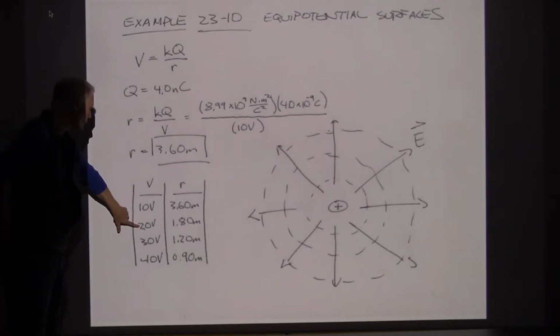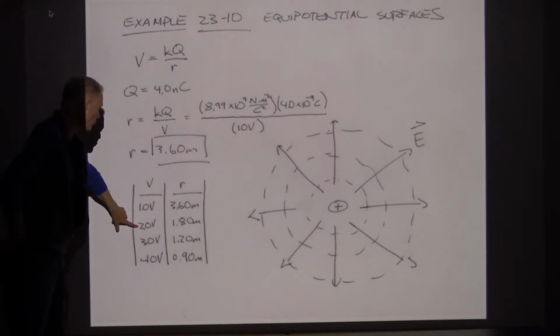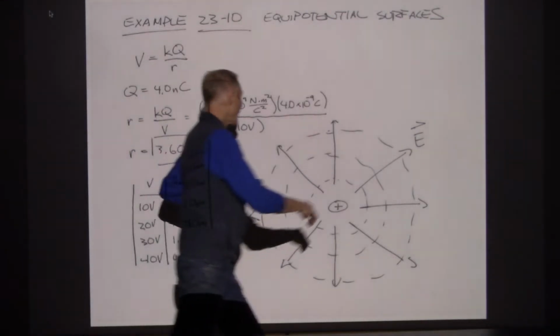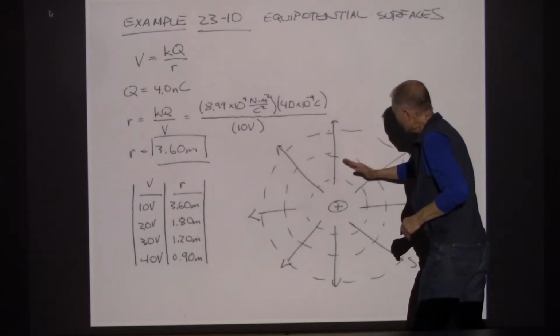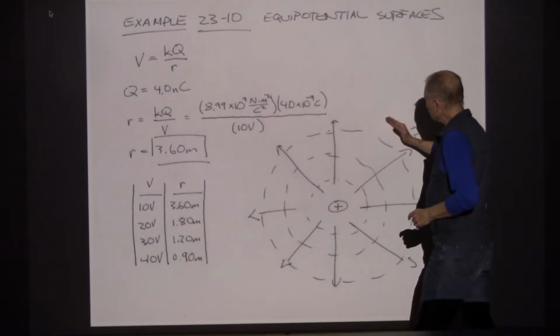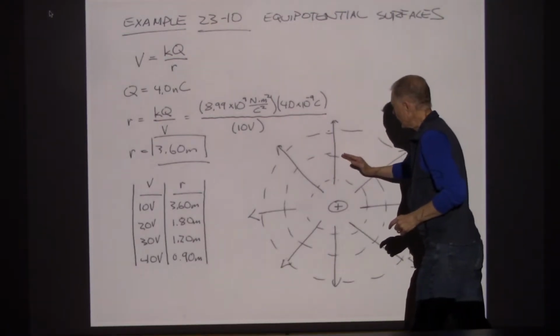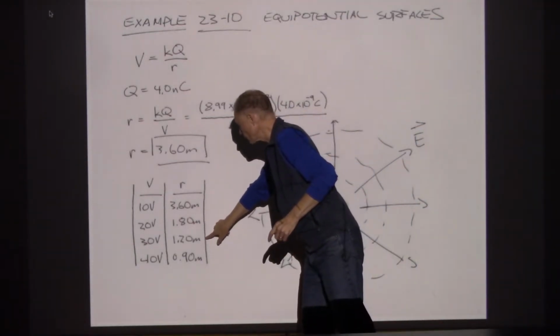If I want to look at the 20 volt surface, it's working the other way. So here is the 10 volts, 20 volts, 30 volts. We're increasing in voltage, not in R. As we're looking for surfaces that have higher and higher voltages, we're getting closer and closer to the point charge.